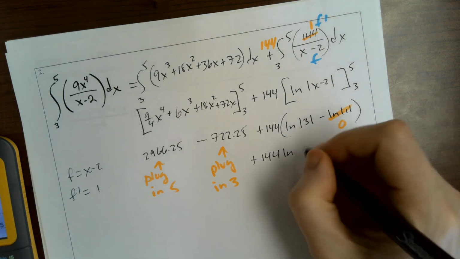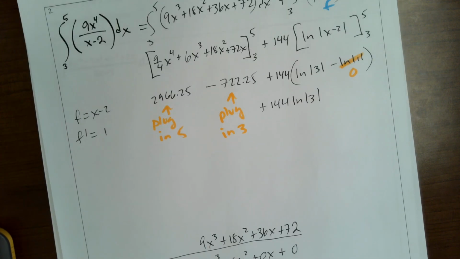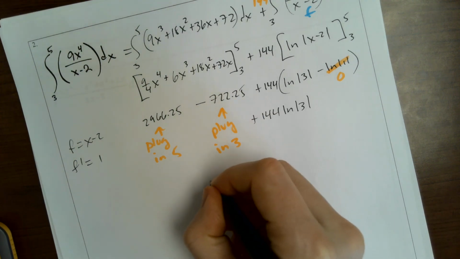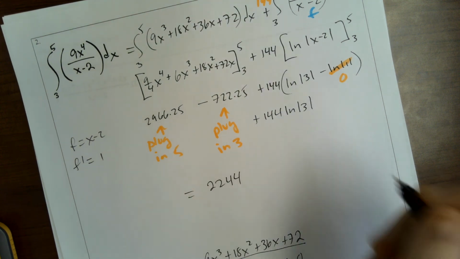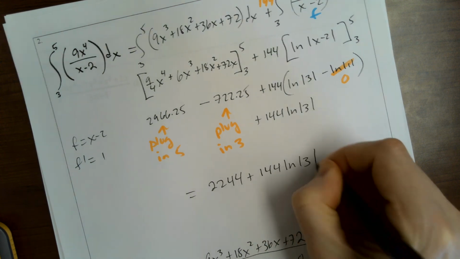Guys, 3 is a positive number anyway, so you don't need the absolute values anymore. Now I'm doing 2966.25 minus 722.25. So this is 2244 plus 144 natural log of 3.